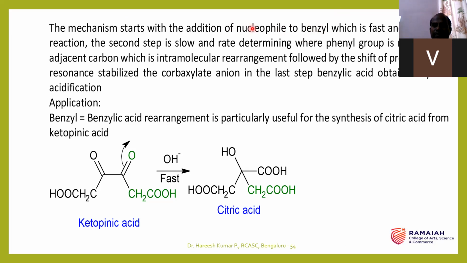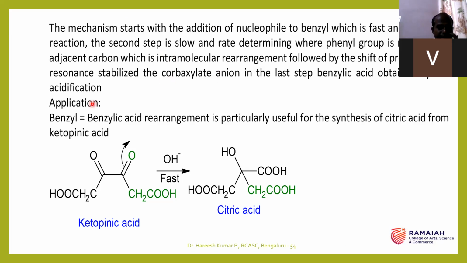That means the nucleophile attacks the benzoyl carbon, which is a fast and reversible reaction. The second step is slow and is the rate determining step, where the phenyl group moves to the adjacent carbon, which is an intramolecular rearrangement, followed by the shift of resonance stabilized by the carboxylate anion. That mechanism is written here in terms of words.